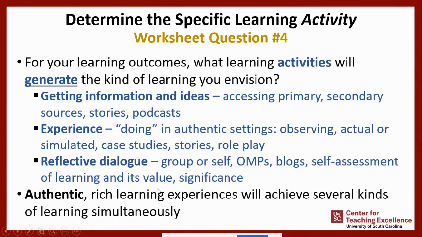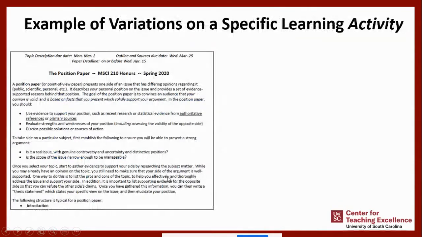And so all of these need to be something that is, again, authentic, that allows students to learn what you're getting them to learn, being able to think about it in the process, and even do things so that you're doing both the significant learning as well as the Bloom's level learning at the same time. So those activities that you have them do can achieve multiple goals at one time.